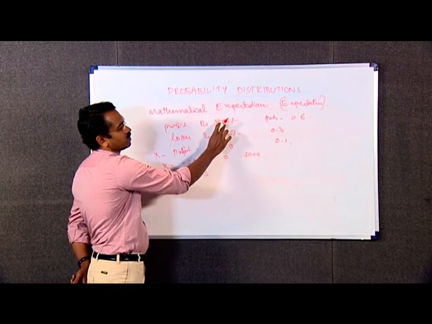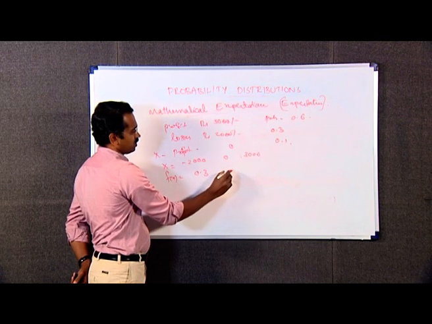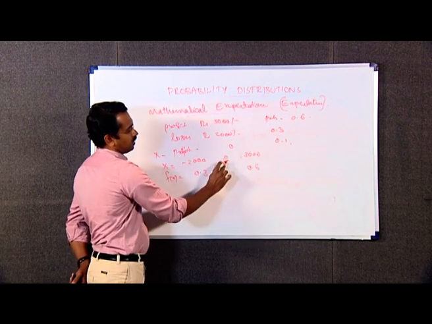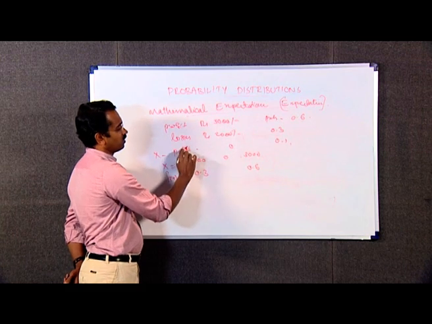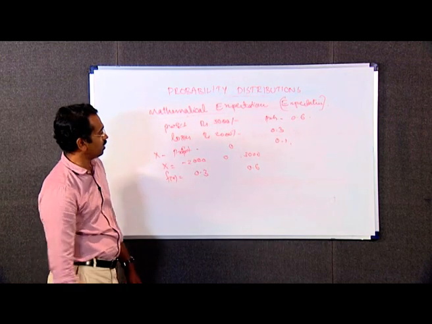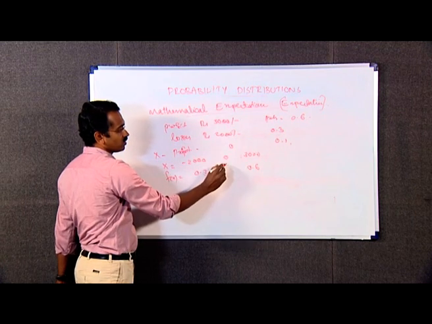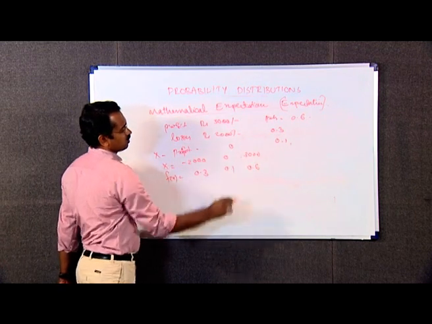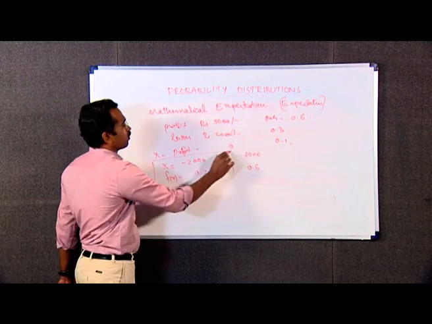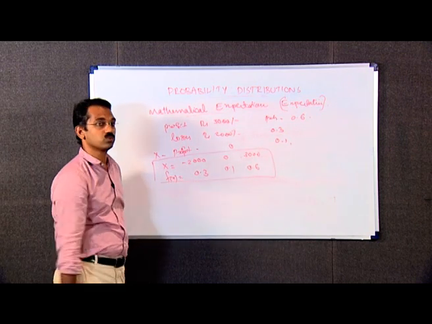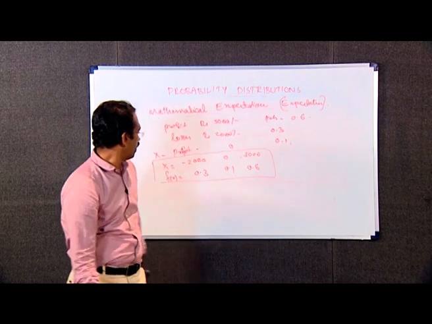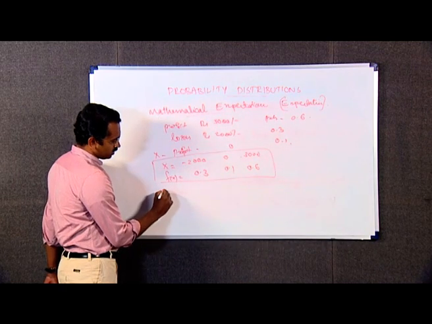Probability for 3,000 rupees profit is 0.6, and for neither a profit nor a loss the probability is 0.1. This is the probability mass function corresponding to this problem.